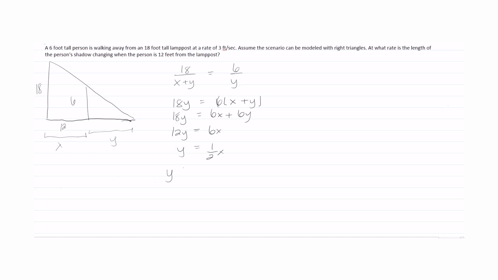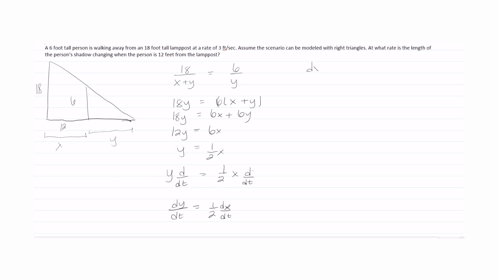So we've got d/dt of y is equal to d/dt of 1/2 x. So taking the derivative, neither of our variables are raised to any powers, so we find we just actually have the rate of change of y is equal to 1/2 the rate of change of x. And then we plug in the information we know.